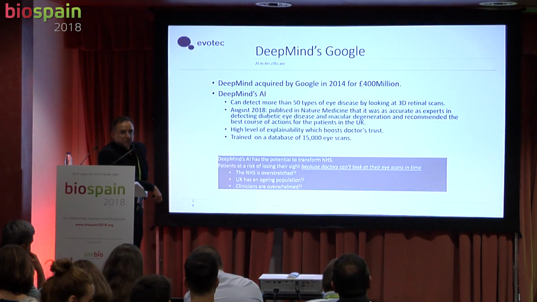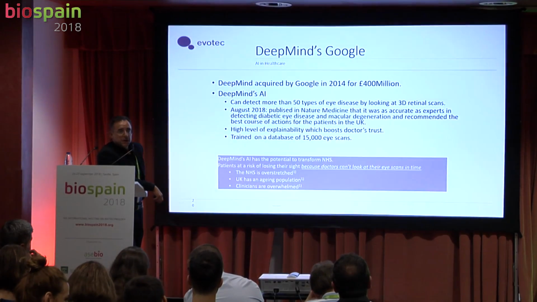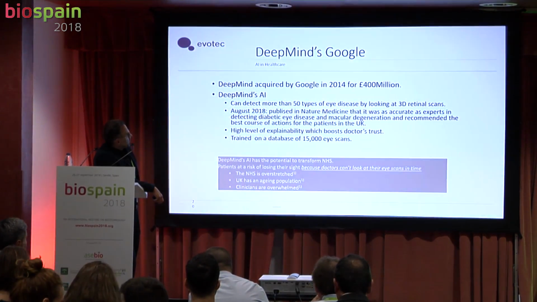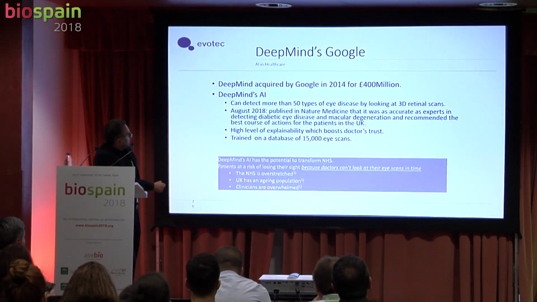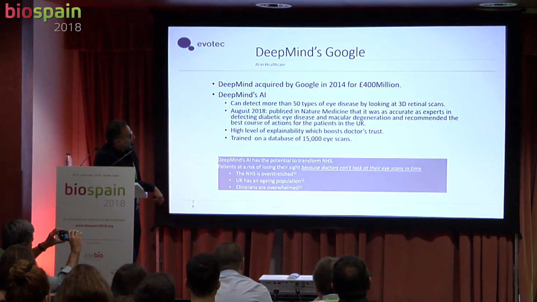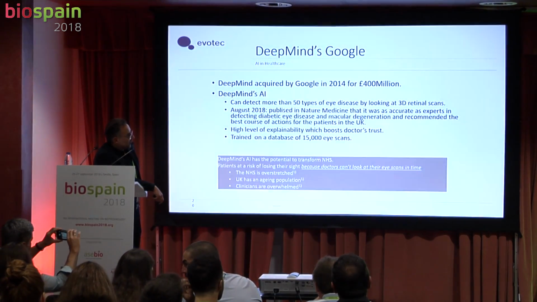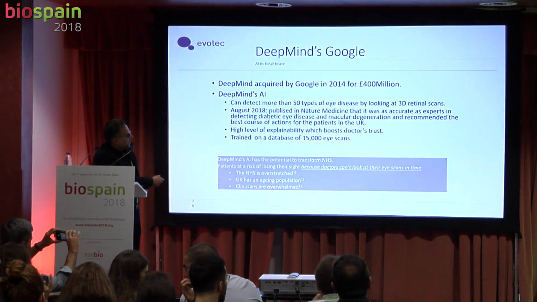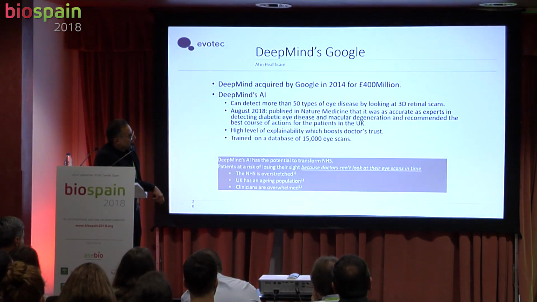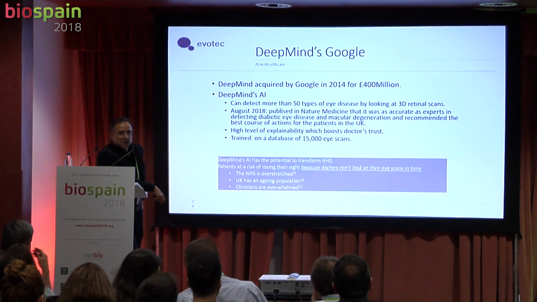DeepMind, this is the Google artificial intelligence, for more than 400 million pounds. DeepMind, in contrast to IBM Watson, is focusing on eye disease. And basically what it does is analyzing 3D retinal scans.